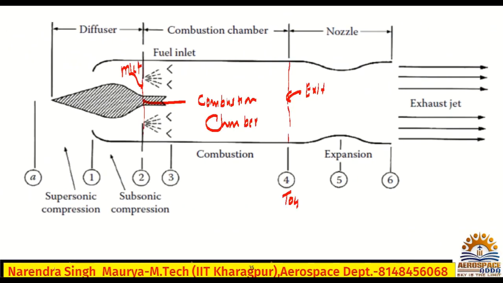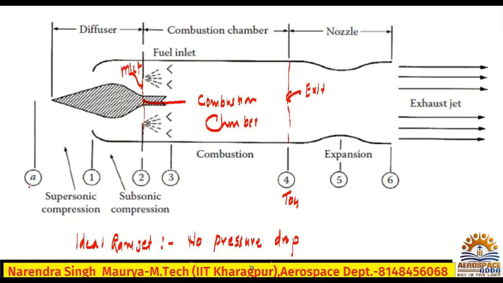For the ideal ramjet, you know very well, ideal means adiabatic and reversible, or isentropic. Ideal ramjet means no pressure drop. So what is the meaning of it? Here we have the total pressure.